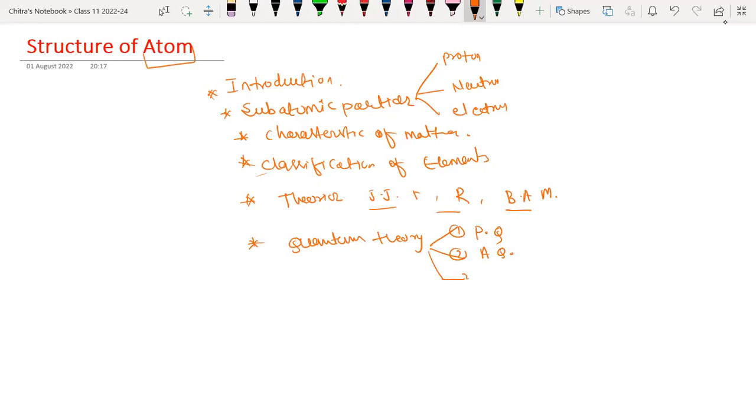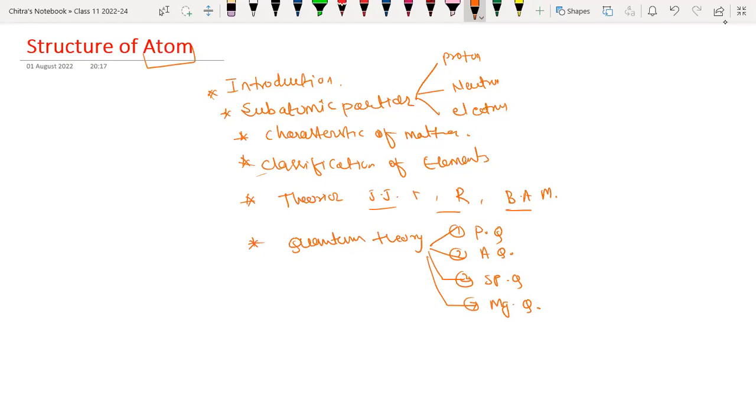Third, the spin quantum number. And last but not the least, the magnetic quantum number. So we have four quantum numbers in our quantum theory in our syllabus: principal, azimuthal, spin, and magnetic.